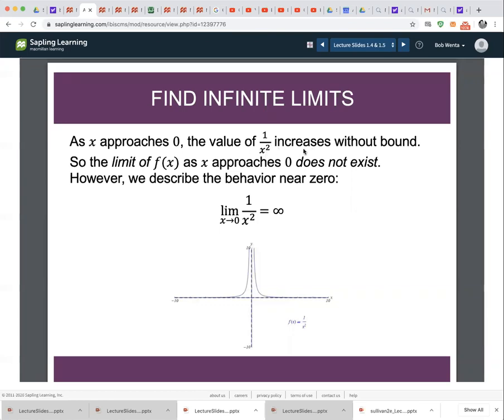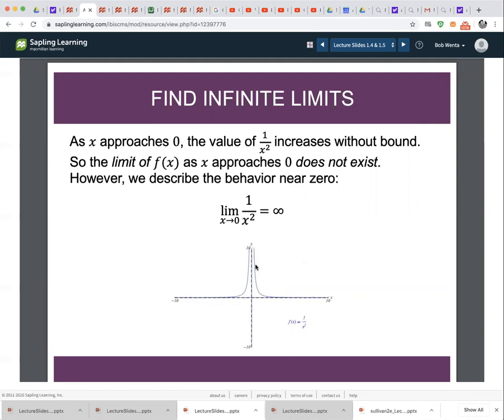When x is 2, you've got 1/4. When x is 1, you've got 1, so it's getting bigger. When x is 1/2, you square it, that's 1/4. Flip and multiply, that's 4. It's starting to climb, okay? As you get closer to 0, the thing takes off.